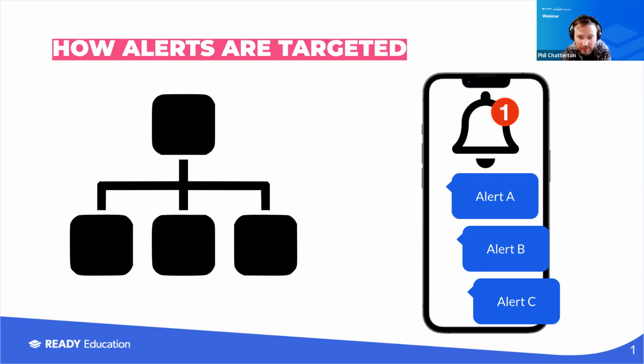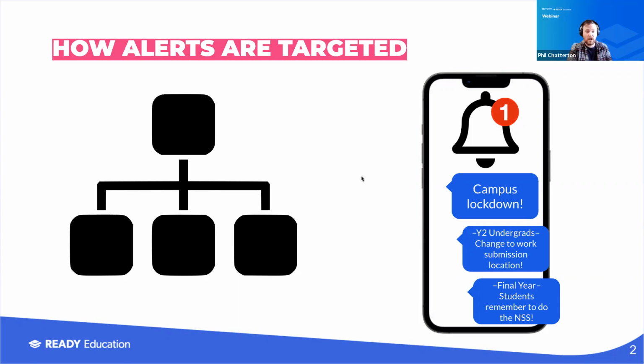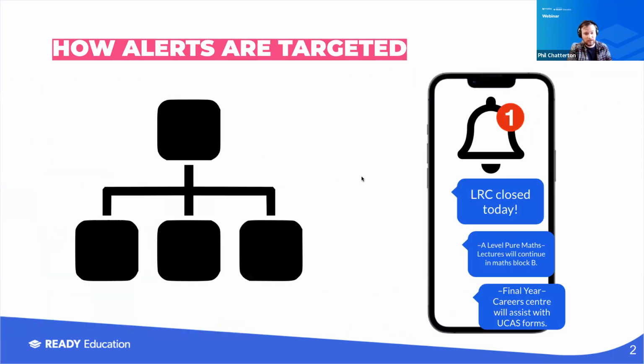So from campus lockdowns, notices for everyone, to reminders for final year university students to complete the NSS. And in FE, the Learning Resource Centre, giving updates to all college students or advice to students who need help filling in their UCAS forms, and for those students wanting to apply to universities as well.